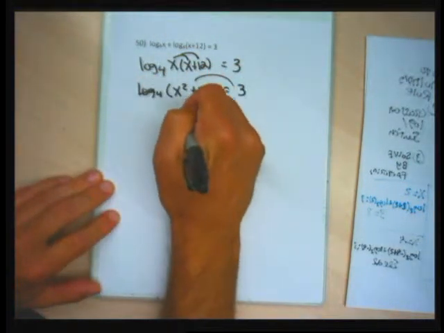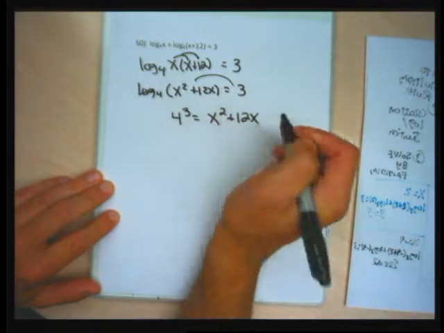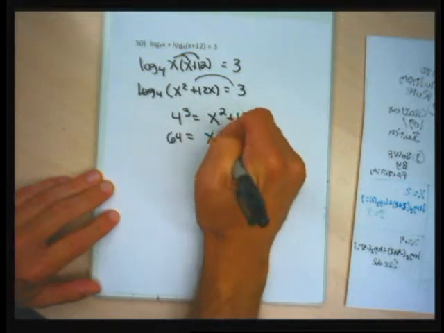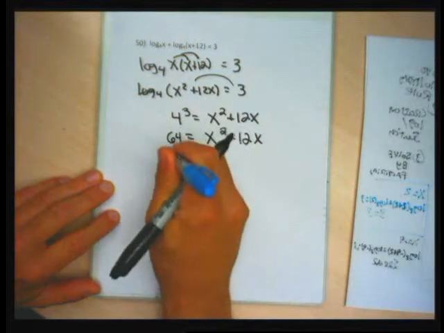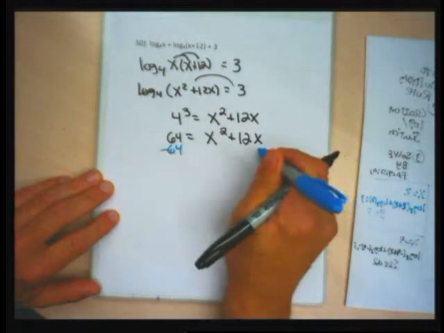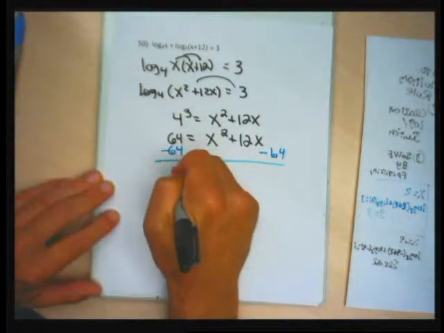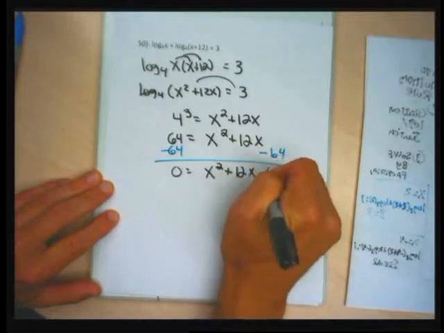So I get 4 cubed equals x squared plus 12x. 4 cubed is 64. So it gives me 64 equals x squared plus 12x. Because I have the square and an equal sign, I need to solve by factoring. So I minus 64 from each side, and I get 0 equals x squared plus 12x minus 64.